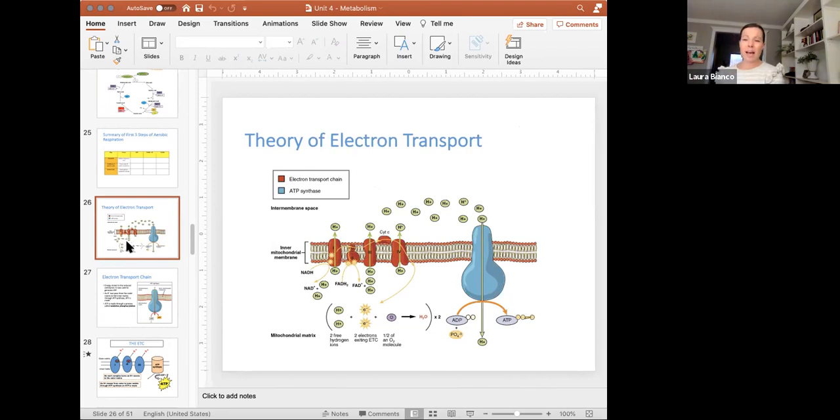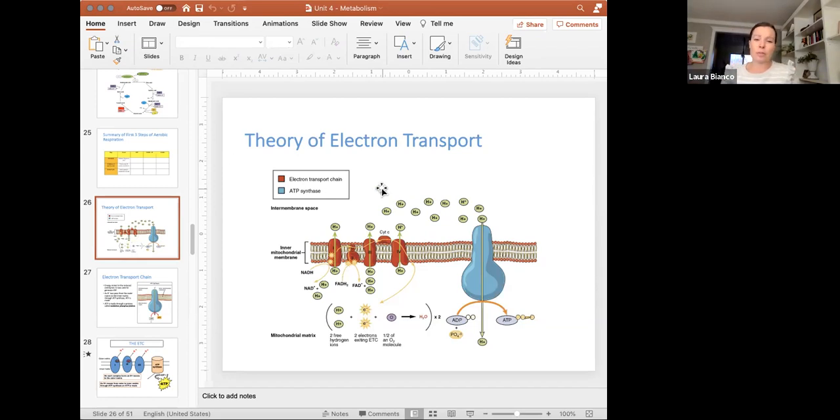And it's in this step where you're taking all of the coenzymes that you reduced in the first 3 steps, and you're basically using the energy from them to make a large quantity of ATP. So up until now, you've made 2 molecules of ATP in glycolysis and 2 molecules of ATP in the Krebs cycle.